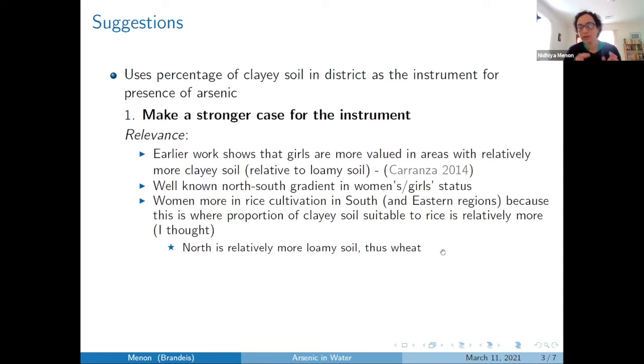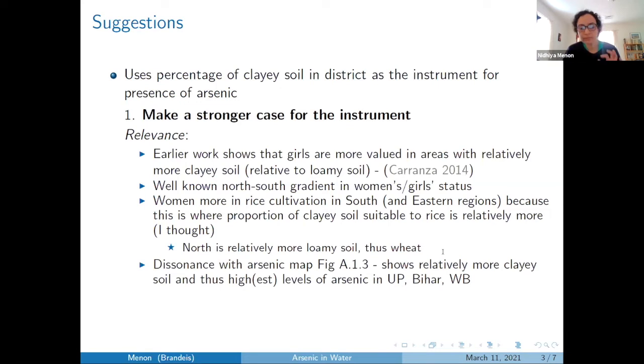And so the north tends to be more loamy, which is wheat, and then you go back all the way to Ester Boserup's arguments from 1970, talking about the fact that where women's labor is valued, their status is relatively more. We know that loamy soil is not suited to female cultivation, and so there are these wide omitted variables that you'd need to think about in this particular context, right?